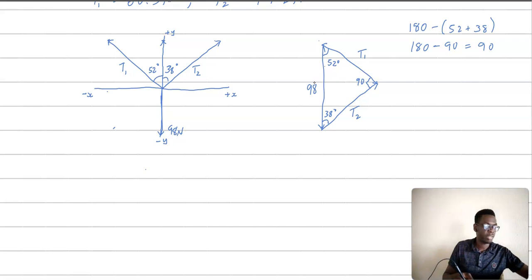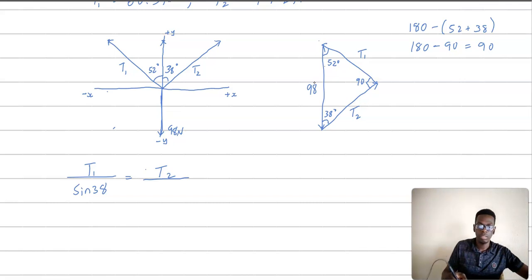So let's apply that here. Let's start with T1. The ratio can be in any order, but let's have T1 divided by the sine of the opposite angle, which is 38. So T1 over sine 38 should be equal to T2 over sine 52, since T1 is opposite the angle 38 and T2 is opposite the angle 52.